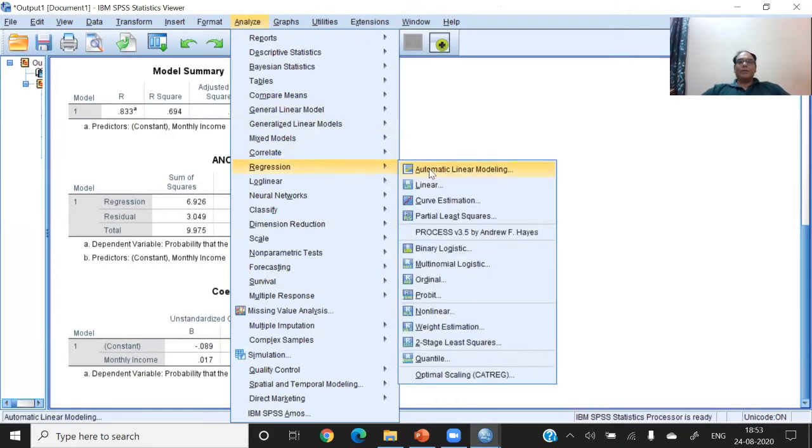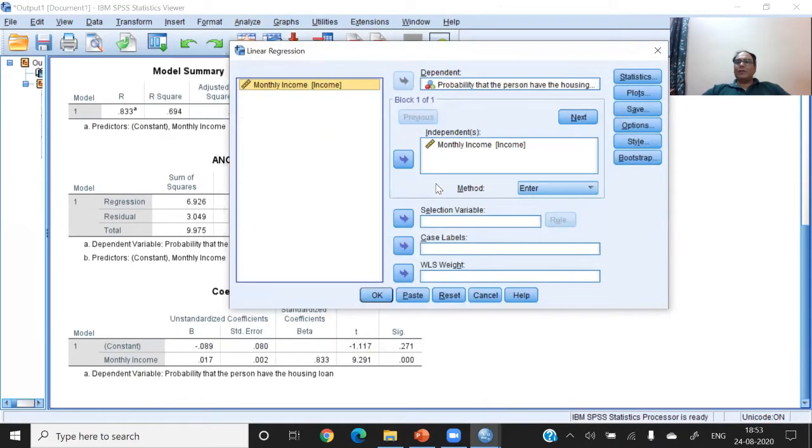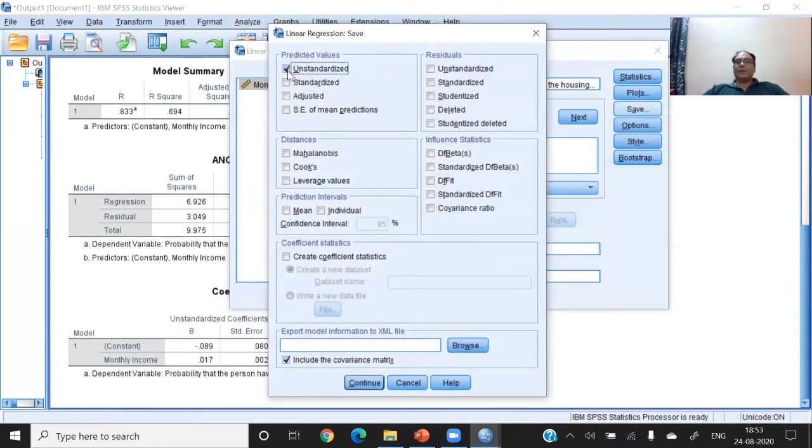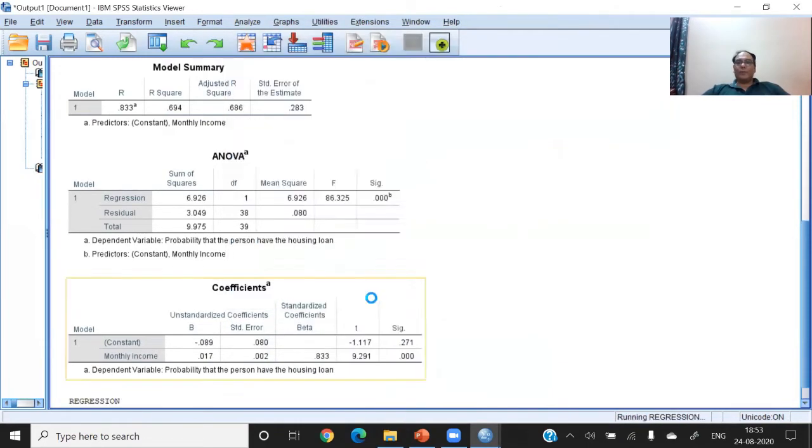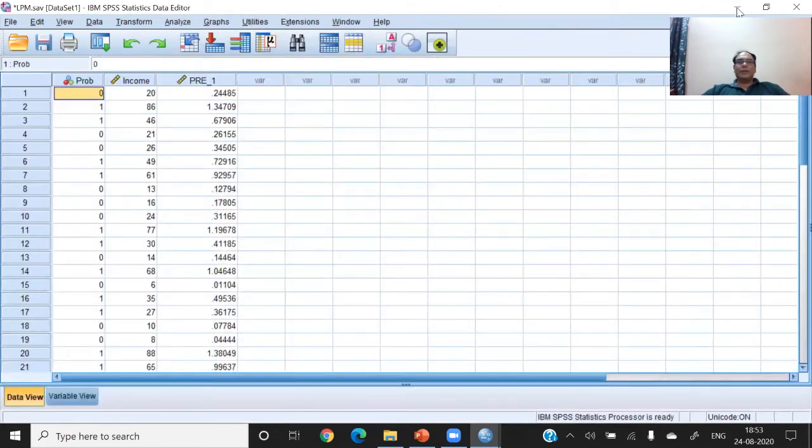Let me save the predicted values again. So now you can see that I'm running the regression again, and I'm saving the predicted values. So what are the predicted values according to the linear probability model? The predicted values come into the data. Now these are the predicted values.